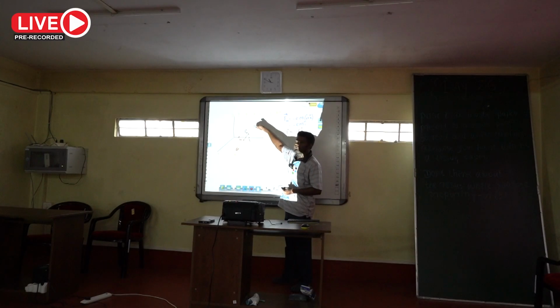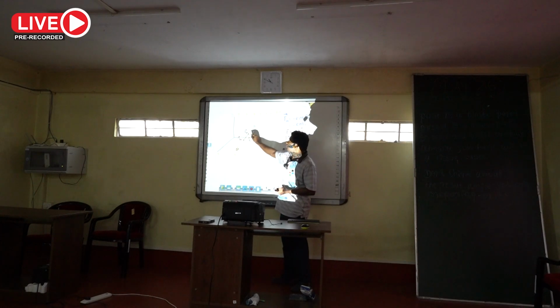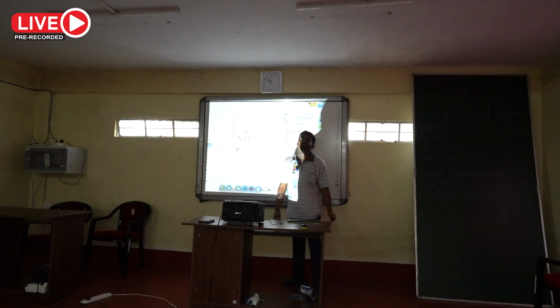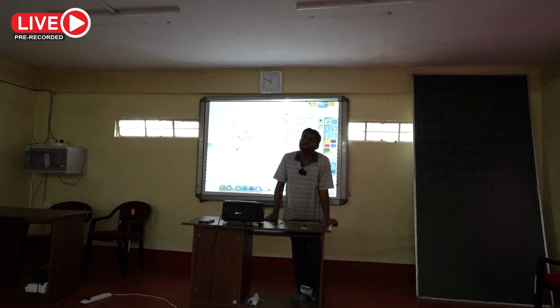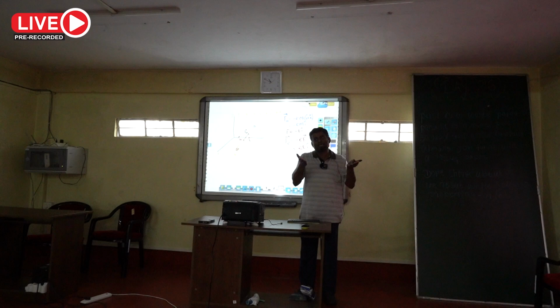Now consider a situation. Initially, there will be no electron on this side, so there will be no positive charge on this side. So as one by one electron is transferred to terminal P, the positive charge will build up at terminal Q. So this electric field is continuously increasing. As more and more charges are transferred, the electric field will increase its magnitude.